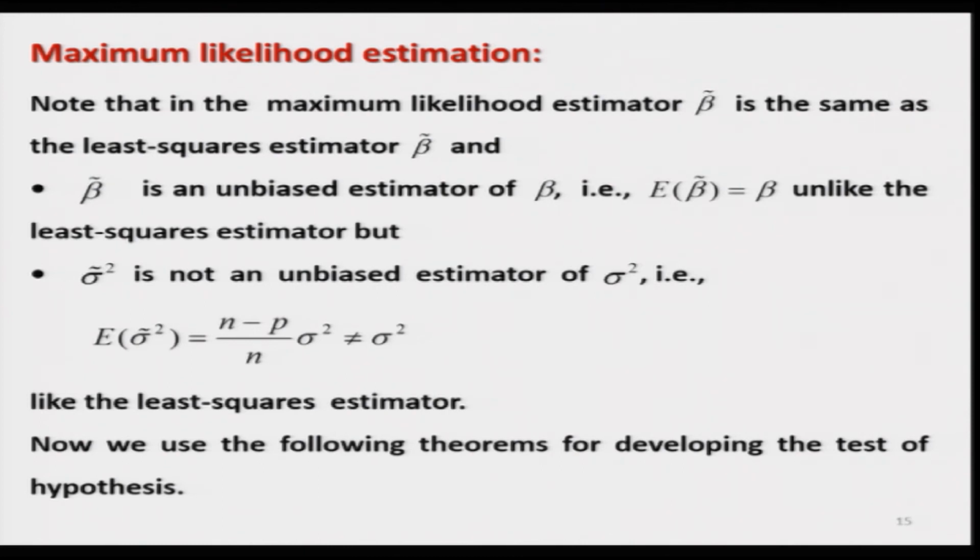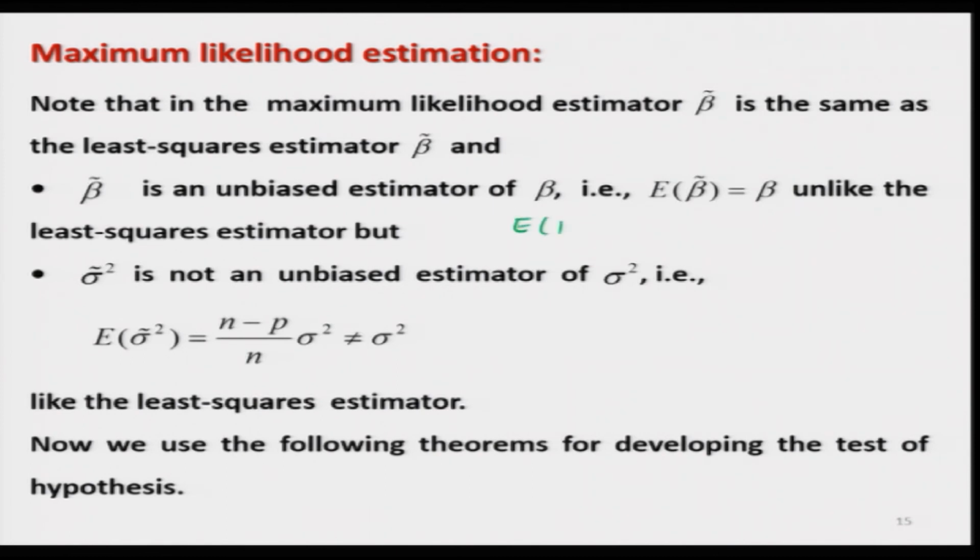Now, if you try to see the similarity between the least square estimate of beta and the maximum likelihood estimator of beta, and likewise for sigma square, what do you observe here? The maximum likelihood estimator and the ordinary least square estimator of beta are the same, and both are unbiased estimators of beta.